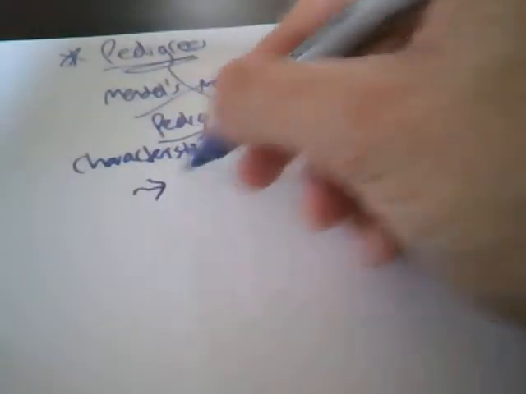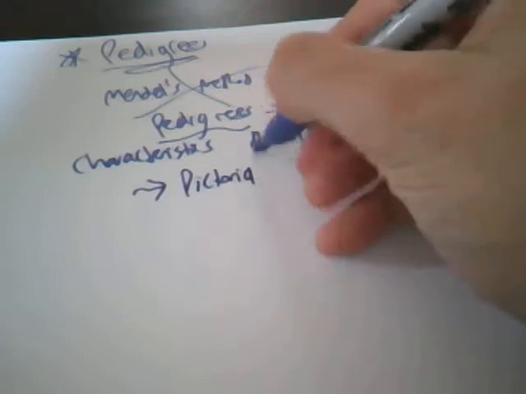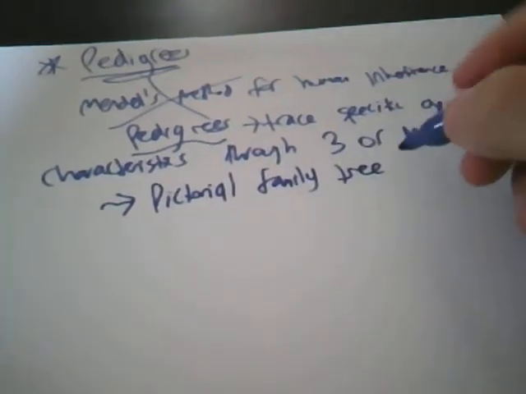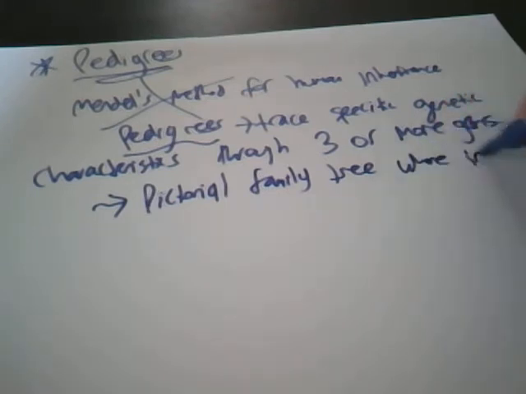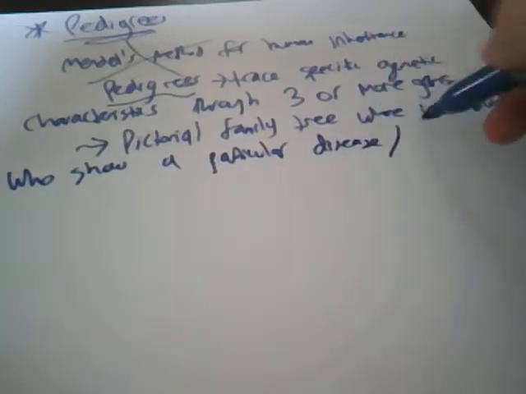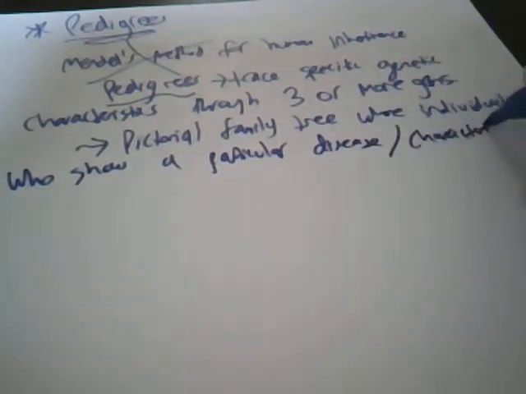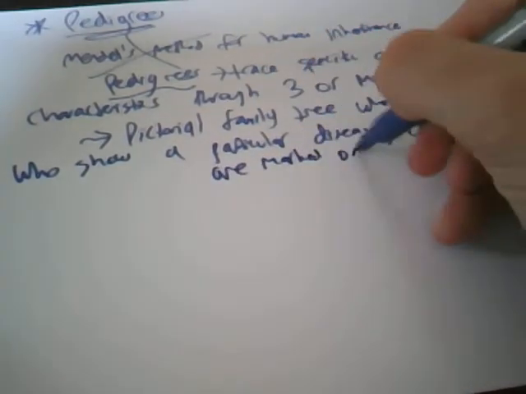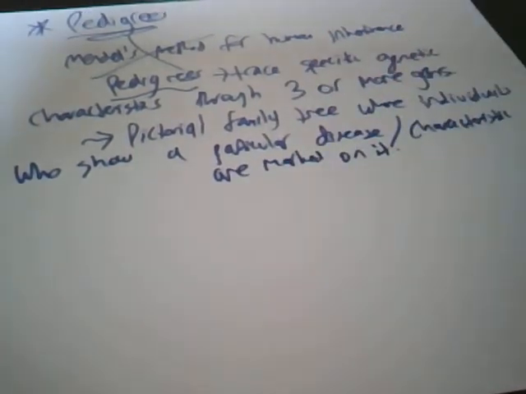Here's a better way of saying it: a pictorial family tree where individuals who show a particular disease or characteristic are marked on it. That's another way of putting it.